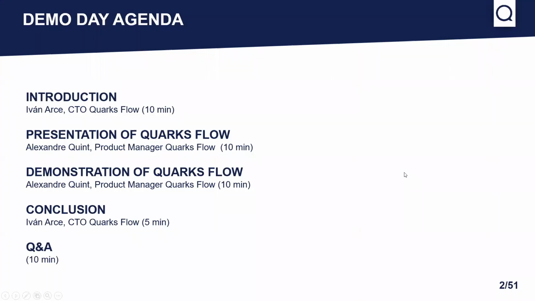Then Alex will talk more in detail about Quarks Flow and do a demonstration, and we will conclude with 5 minutes of conclusions and future vision for the product, and then we will open the floor for questions and answers for about 10 minutes. So hopefully we will get all of this done in less than an hour, but feel free to ask questions beyond the 10-minute limit if you want.